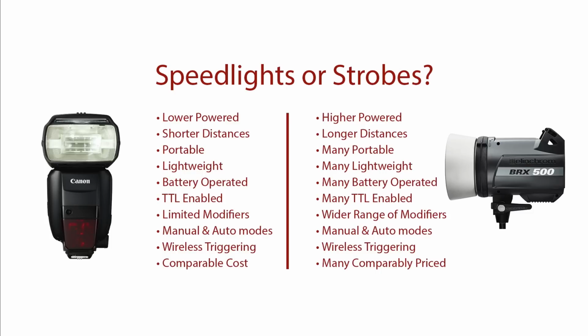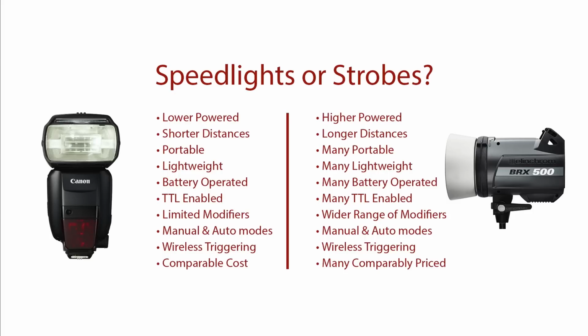You'll be able to use a strobe because of its higher power at longer distances from your subject. Many are now portable, many are also lightweight, many are battery operated, and many are also TTL and high-speed sync enabled. So there's really a blurring of the lines in feature sets between speed lights, what you used to only be able to get in speed lights, and what's available in larger, higher powered strobes.